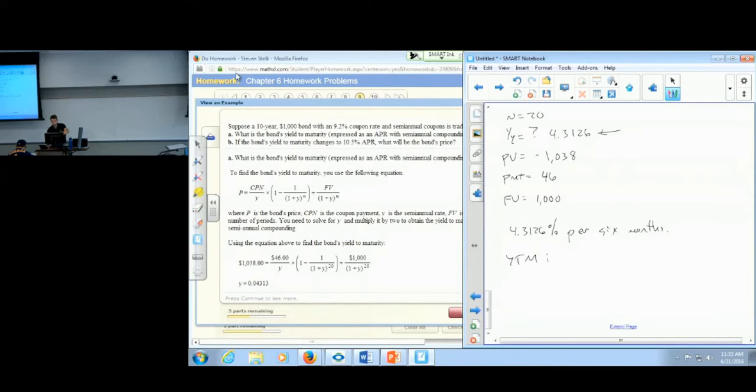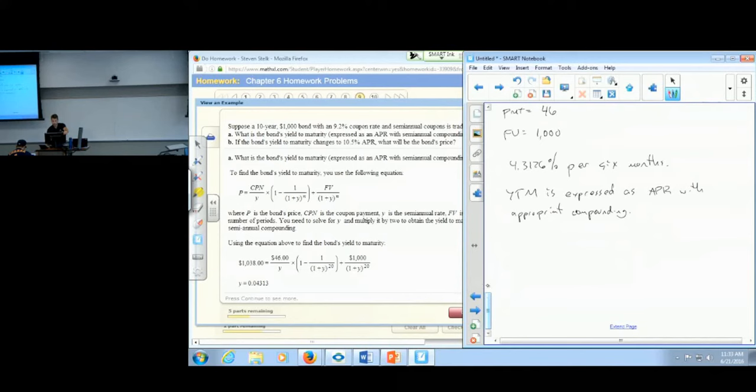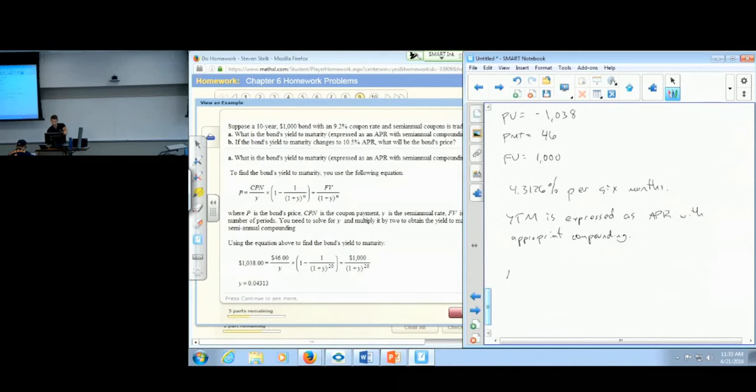Okay, yield to maturity is expressed as an APR with appropriate compounding. And we're way back in chapter 5. That APR is equal to R times N, where N is the number of compounding periods per year.